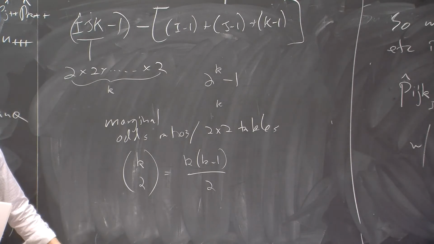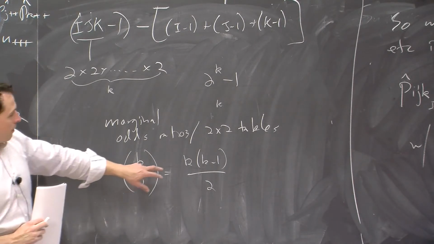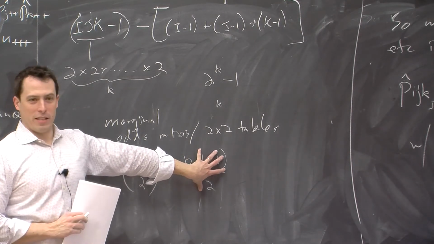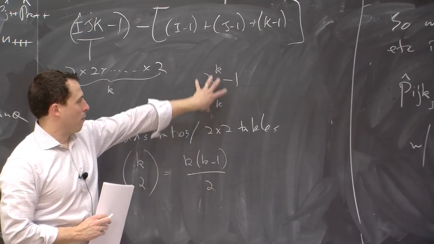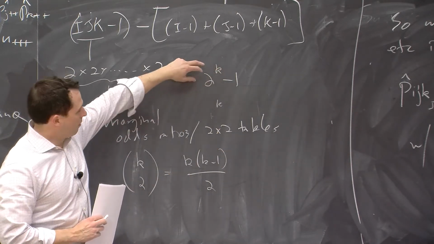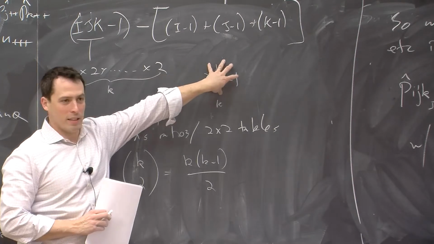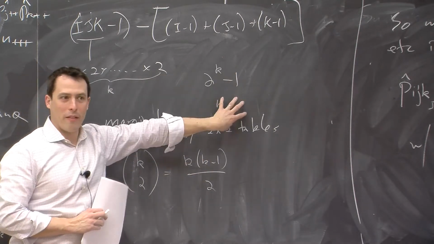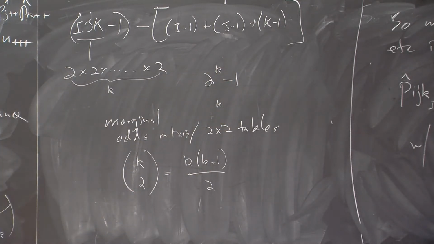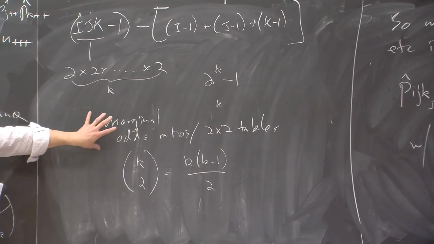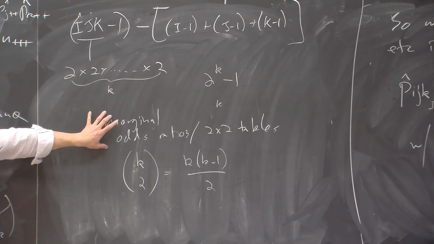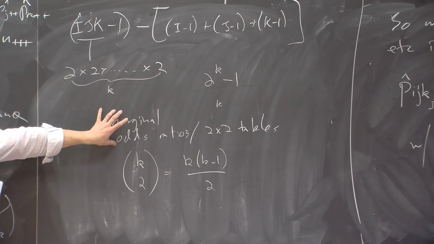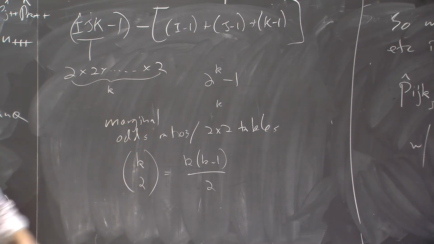So for very small k, it's feasible that the marginal odds ratios could describe what's going on. But for k getting larger, of course, this is much bigger than this number. It's much bigger than that number. So don't get confused by the fact that this is enough information in very small cases. That's fine, but keep in mind that that's just a coincidence of small numbers.